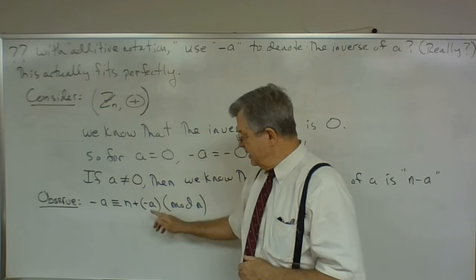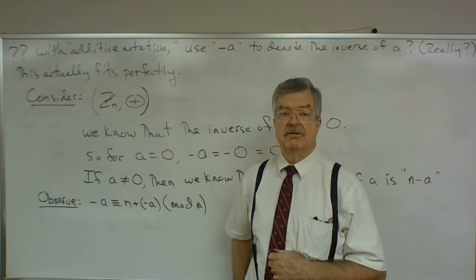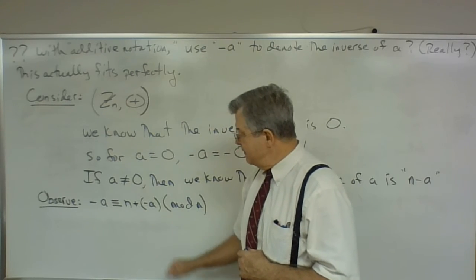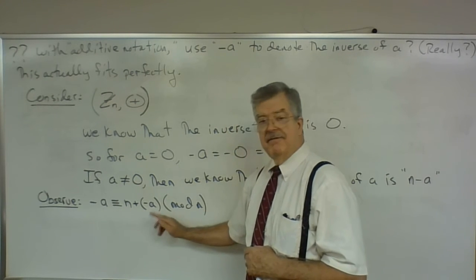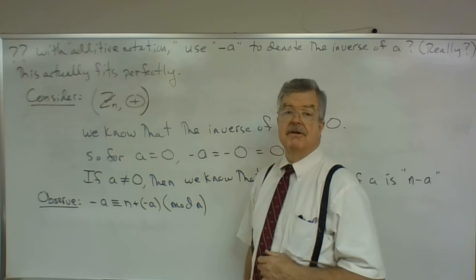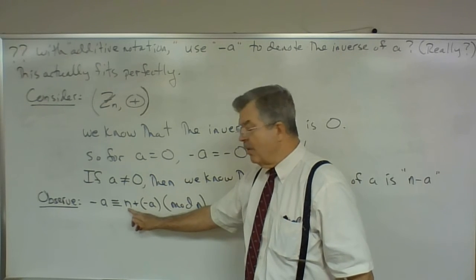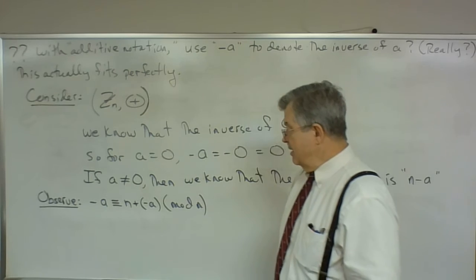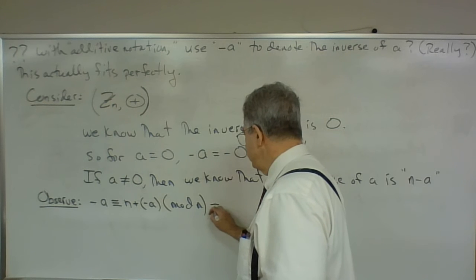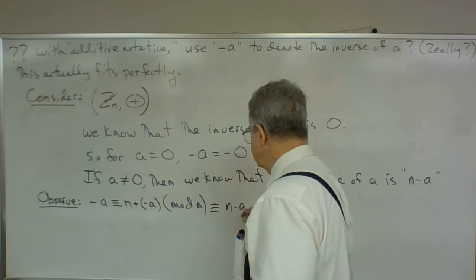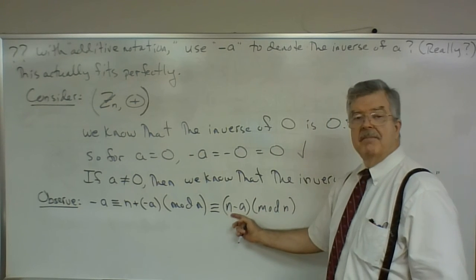Well, negative A and negative A plus n differ by n, a whole number multiple of n. So negative A and n plus negative A are congruent modulo n. They're exactly the same number modulo n because they differ by a whole number multiple of n. But what is n plus minus A?